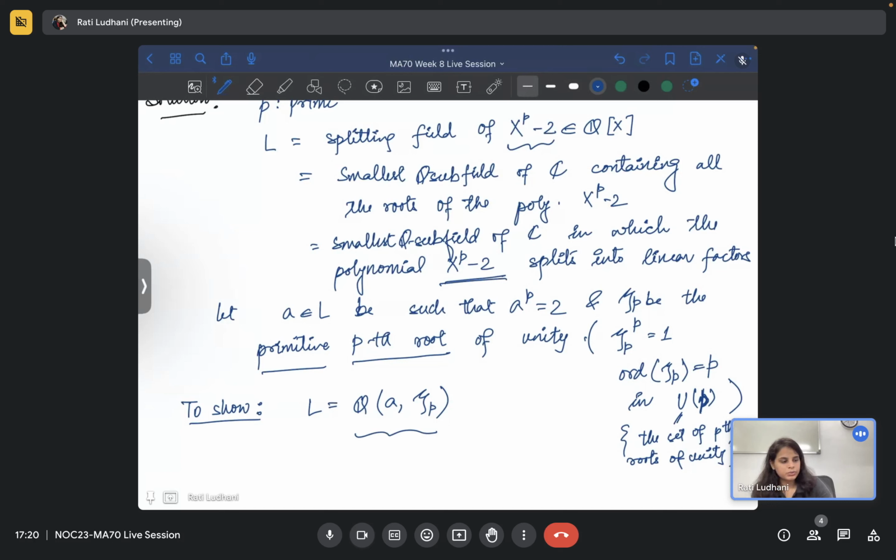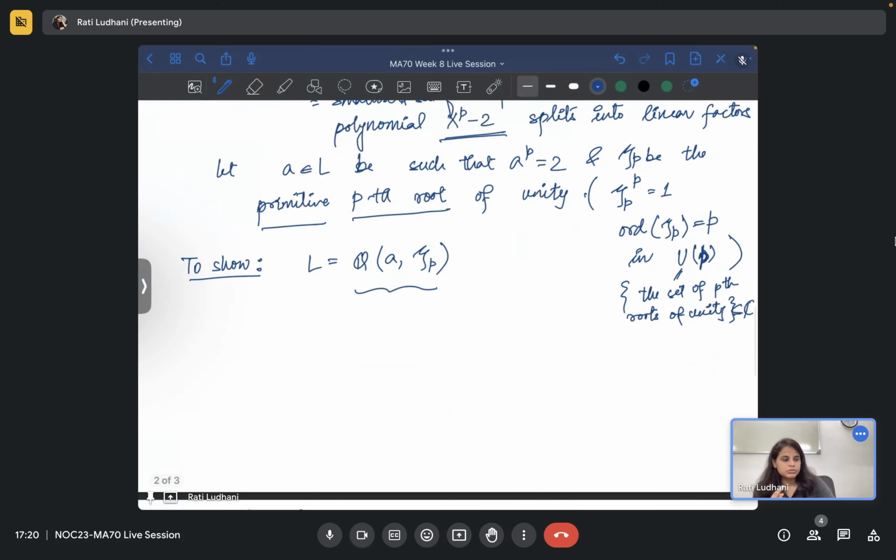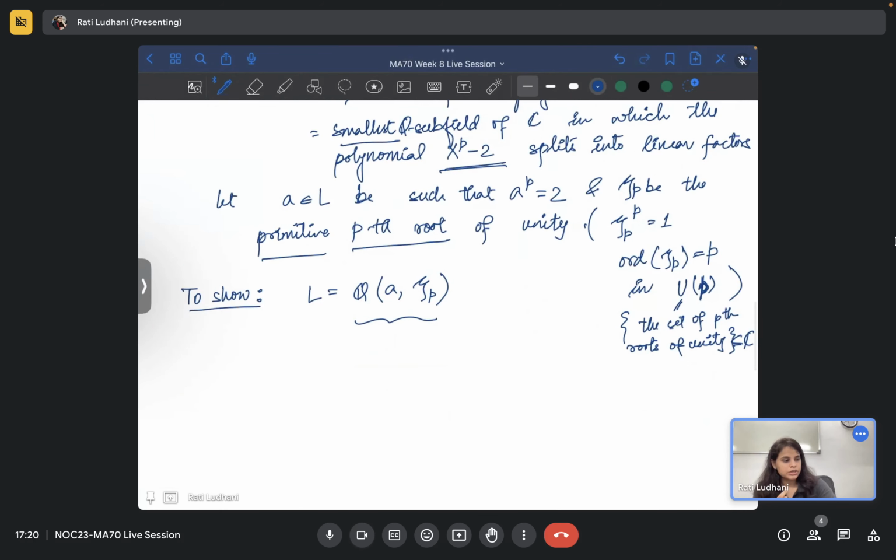What are the requirements to say that this is the splitting field? It should be smallest, and x raised to power P minus 2 should split into linear factors. So let's observe what are all the roots of x raised to power P minus 2. Do we know? Yes, the pth power of 2 into roots of unity.